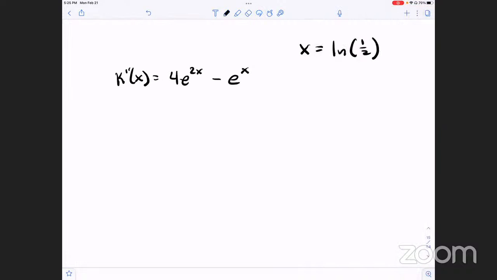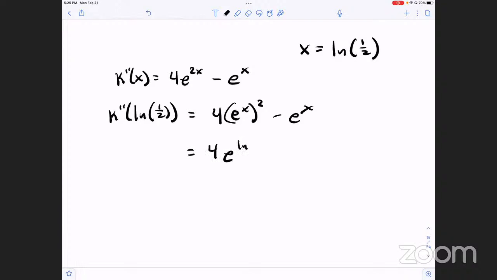So let's do this. We want to evaluate k double prime of natural log of 1/2, right? That's what we want to evaluate. This is going to be the same as a power to another power, you multiply. So I'm going to rewrite this as 4 e to the x squared minus e to the x. So then this is going to be the same as 4 e to the natural log of a half squared minus e to the natural log of 1/2.